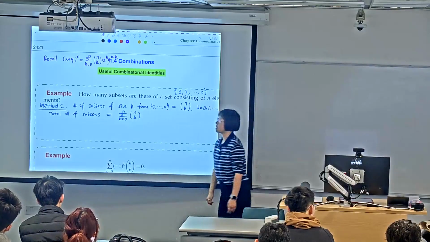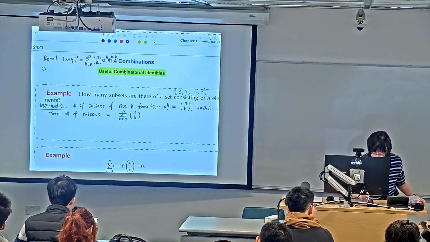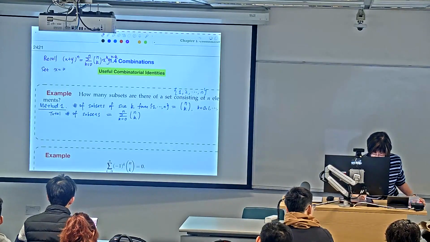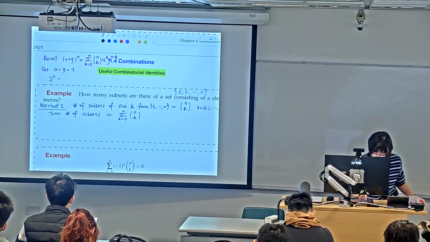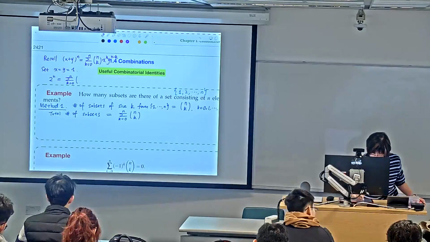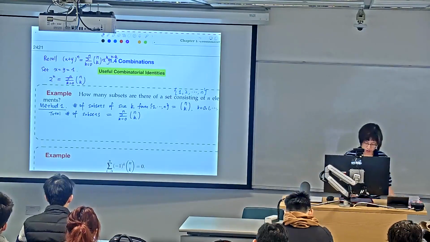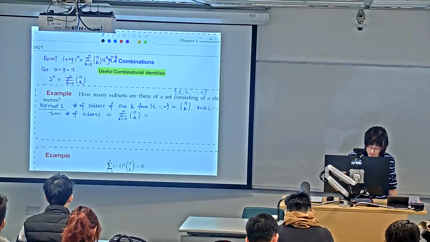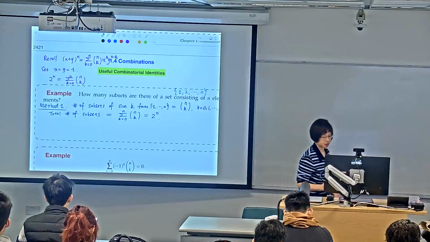Now we set x equals y equals 1, you get exact expression. You get 2 to the n equals the sum of n choose k, where k is from 0 to n. So you know this summation has a closed form expression, 2 to the n.